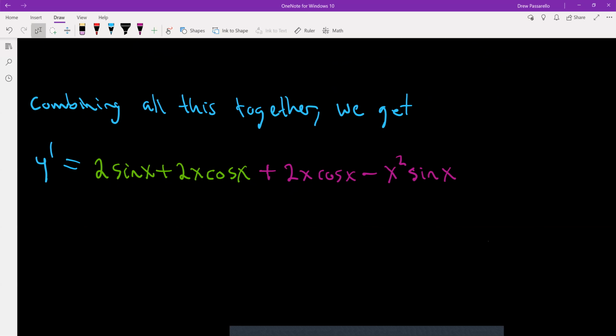So I can combine 2x cosine x, the middle two terms, to make 4x cosine x. And then minus x squared sine x.